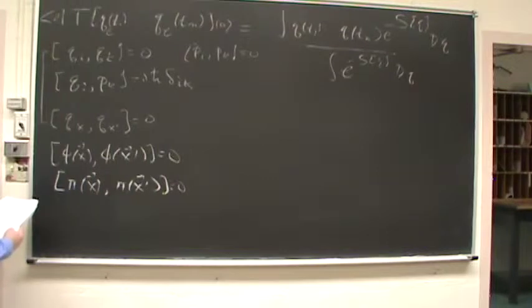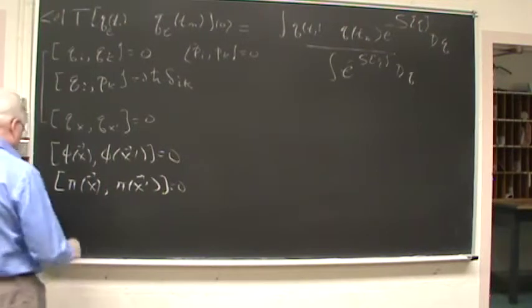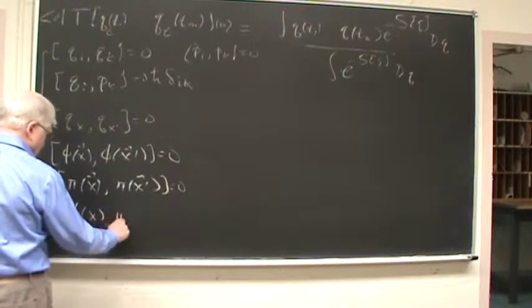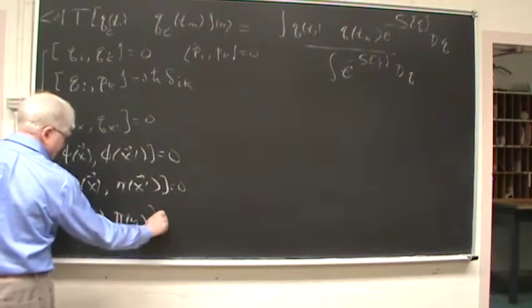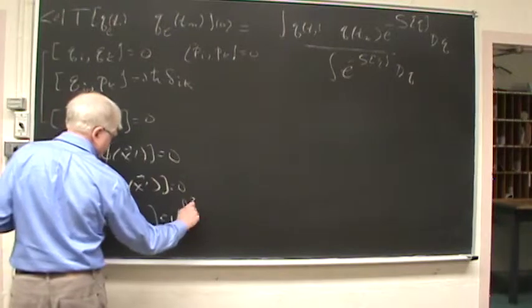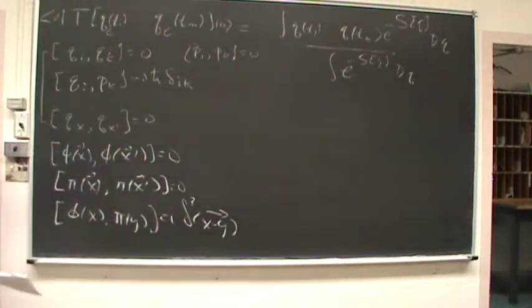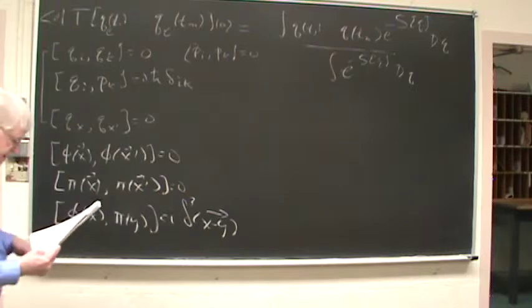And now what we're going to say is that [phi of x, pi of y] is i delta cubed of x minus y. So this is the theory defined all at one time, say time 0, all over space.